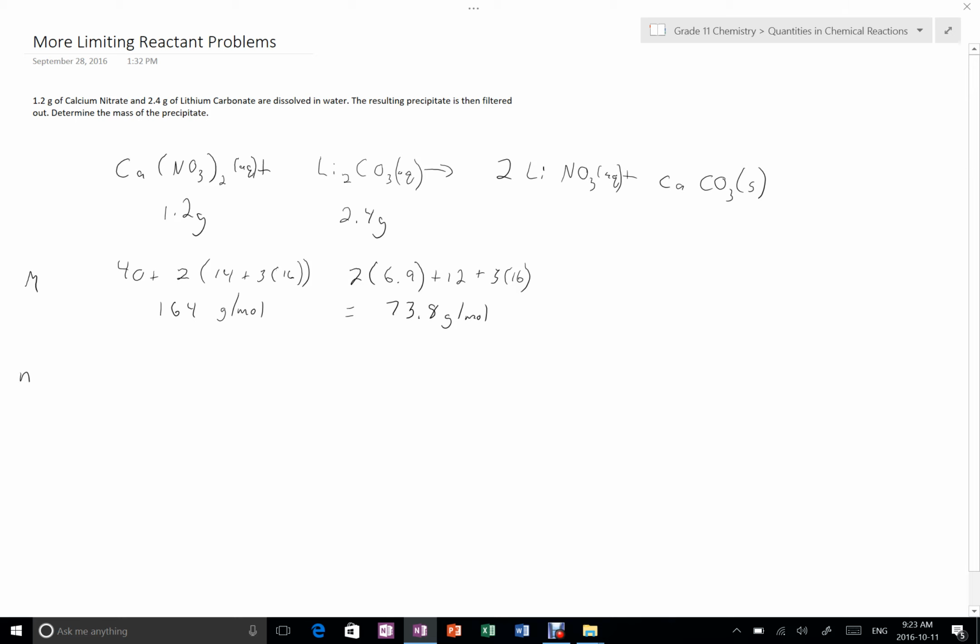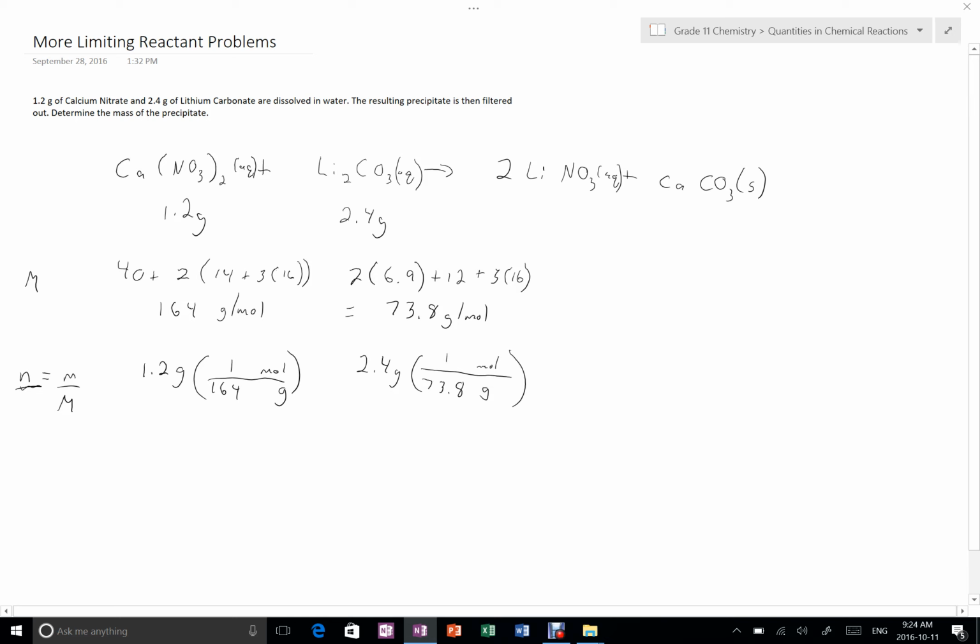So the formula, if you like it, is n equals mass divided by the mass for 1 mole, or if you want to view this as a conversion, canceling out grams, introducing moles. 1 mole is 164 grams. 2.4 grams to moles. 1 mole is 73.8 grams.